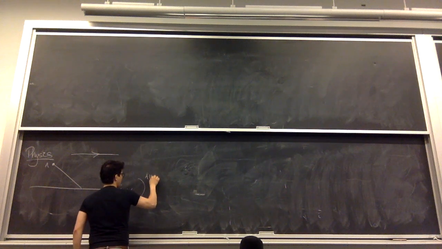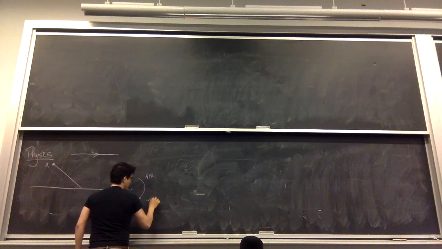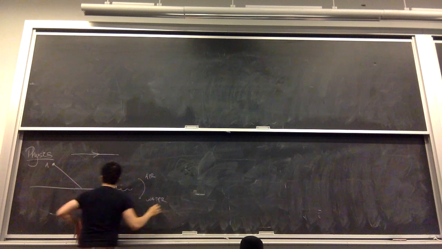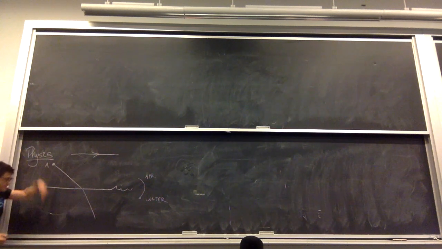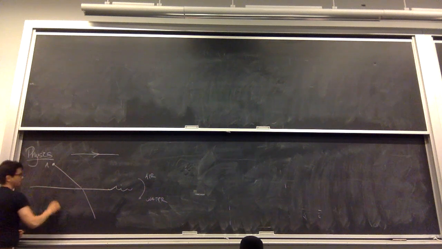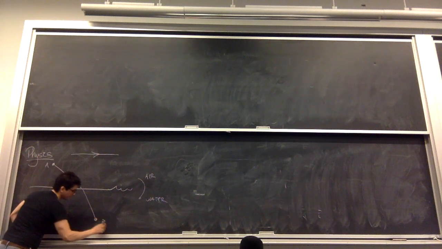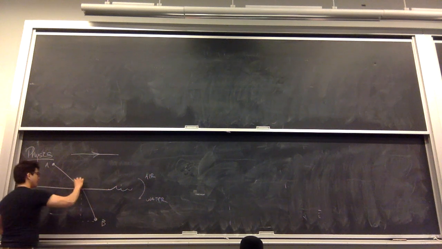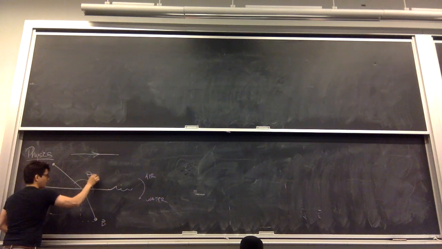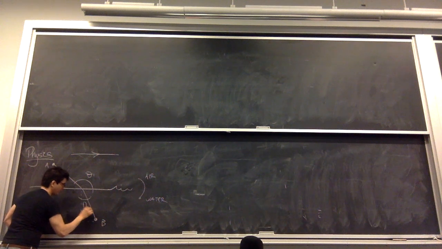This is maybe air, and down here, this is water. So the light is going to bend once it hits the new medium and goes to B. I'm going to draw some values in here. This is theta 1. That's going to be theta 2.